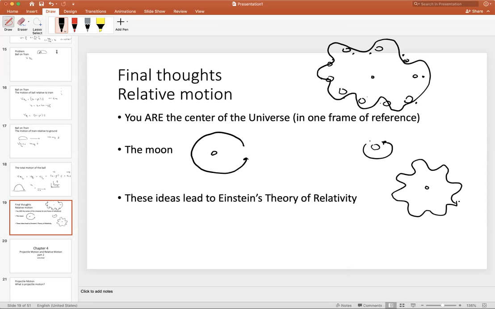How do we know that the Earth is actually rotating and not at rest? How do we know that we don't live in a universe where the Earth is at rest and the sun's rotating around us and the planets are rotating around us? Obviously, the most logical answer would be that the planets rotate around the sun because the sun's bigger.